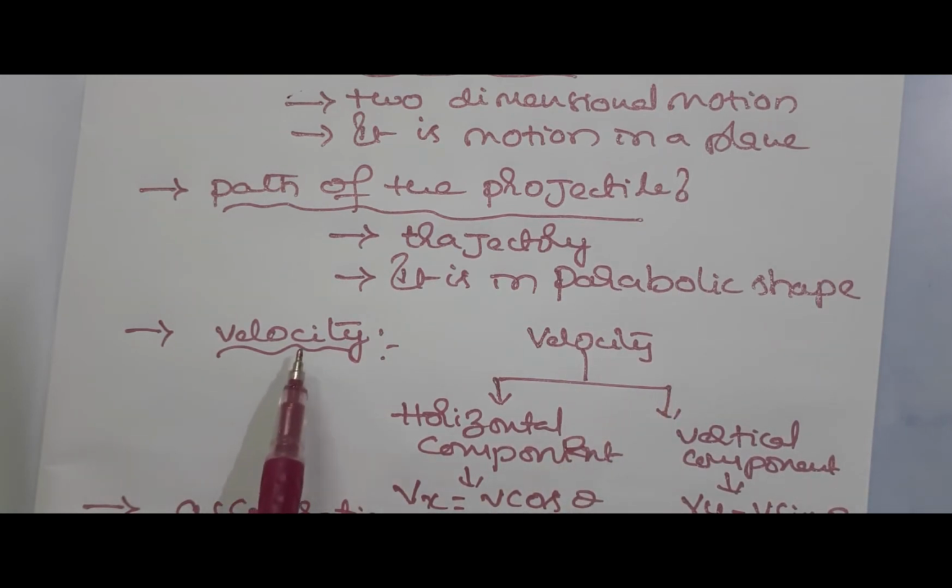In the case of two-dimensional motion, velocity is resolved into two components, a horizontal component and a vertical component.